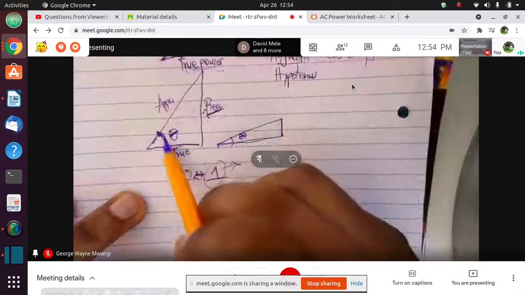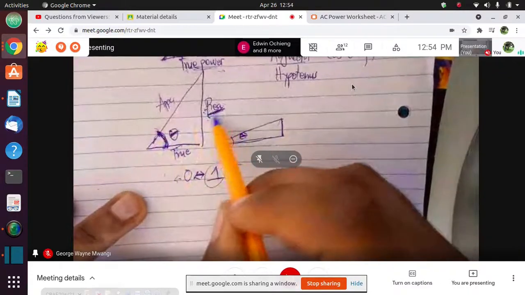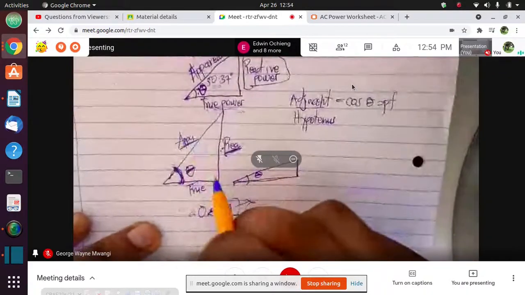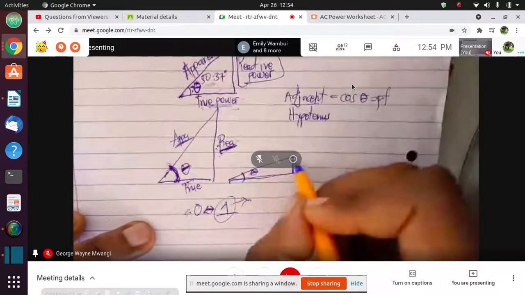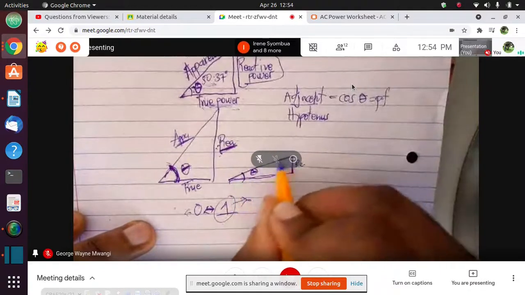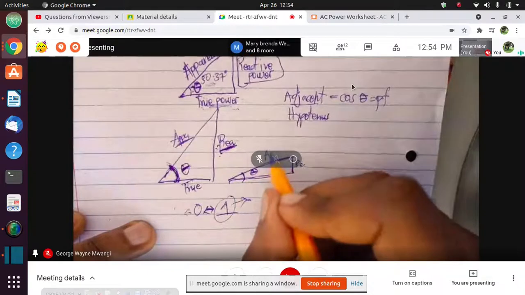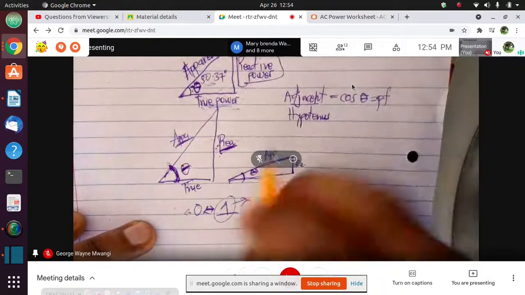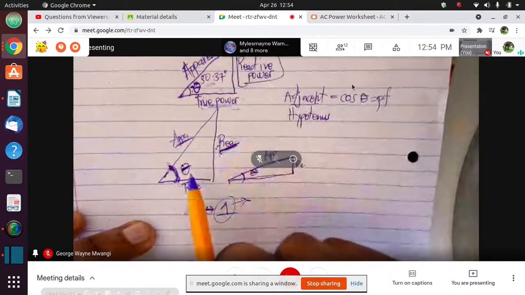So if you have a larger angle, then this value increases and your apparent power also increases. Sindio? And if this angle ni ndogo, then your reactive power decreases and your apparent power decreases.